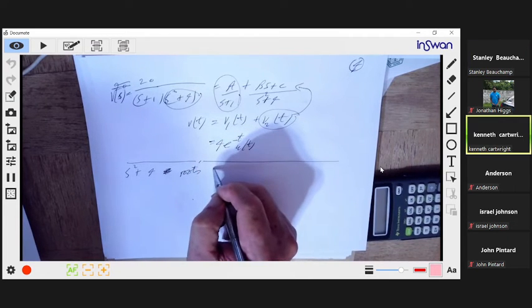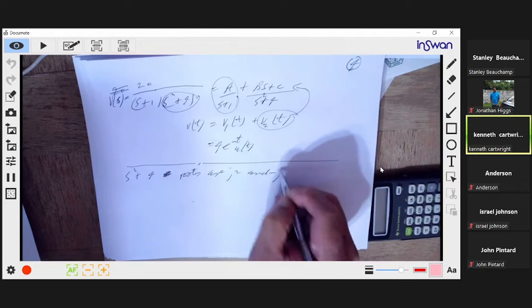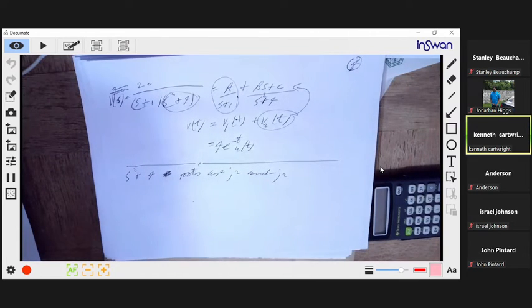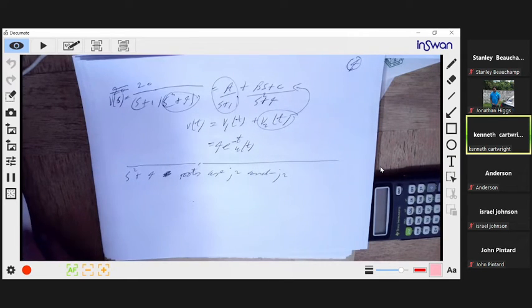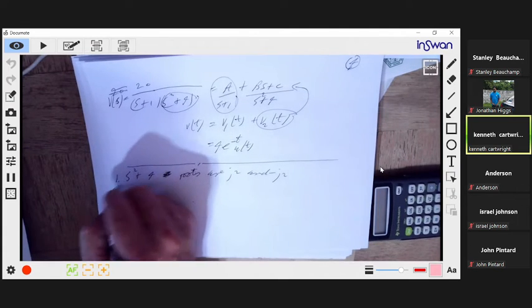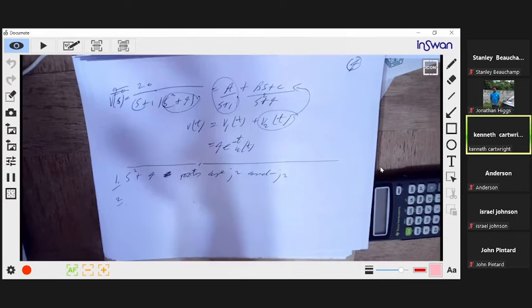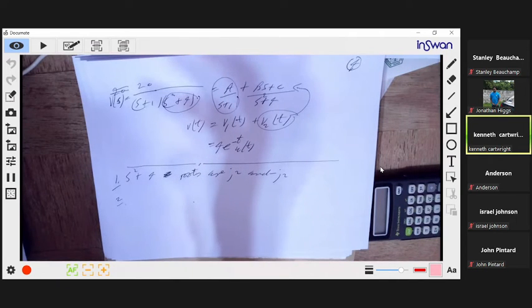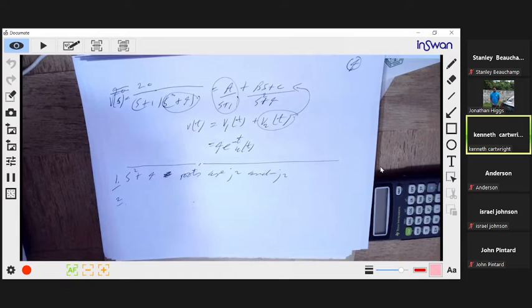Yes, roots are j2, negative j2. And what's the shortcut method I showed you for a quadratic with complex roots? Again, we did this last class.